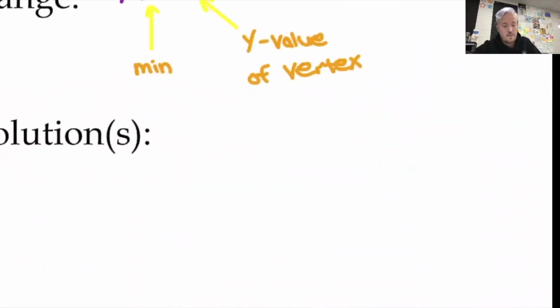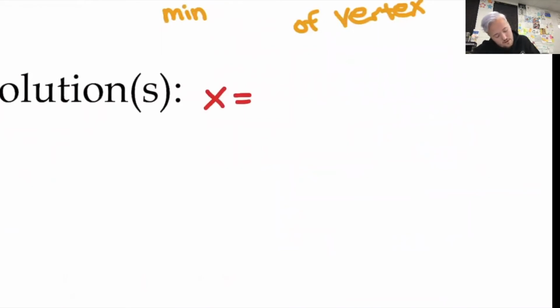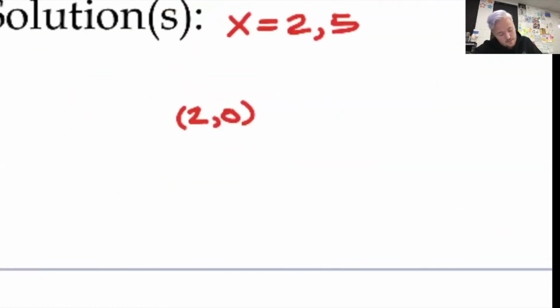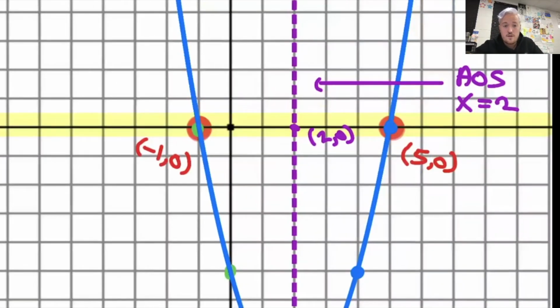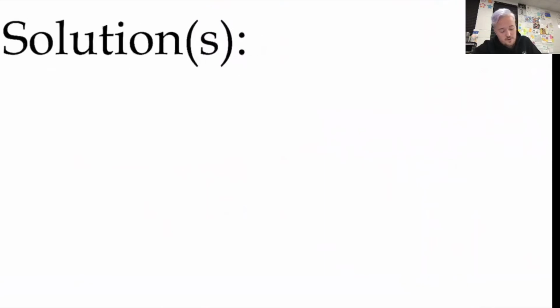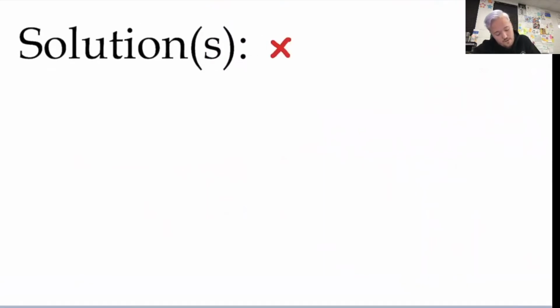You have the option of writing x equals -1, 5 with no parentheses. Don't write this in parentheses, because then you're writing it as a coordinate, which is not what we want.